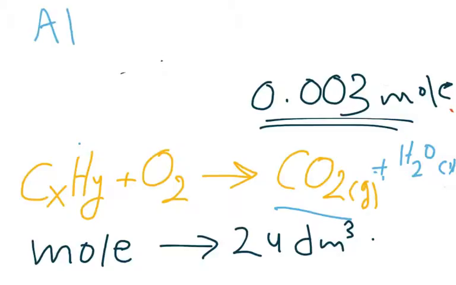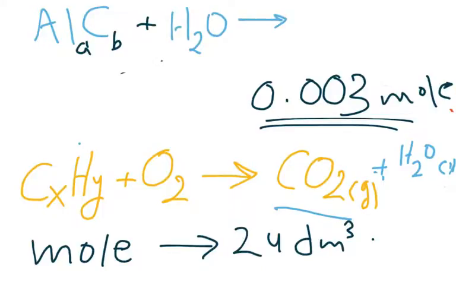Remember that we have another equation that is Al, and Al has C in it, okay? And that's what we are being asked about. If you are in doubt, check the multiple choice questions. So we have AlxCy again, not to be confused with the other one. Let's call them A and B. And this is reacting with H2O, and they are producing this compound, the CxHy, and some other compound that contains Al and oxygen, okay?